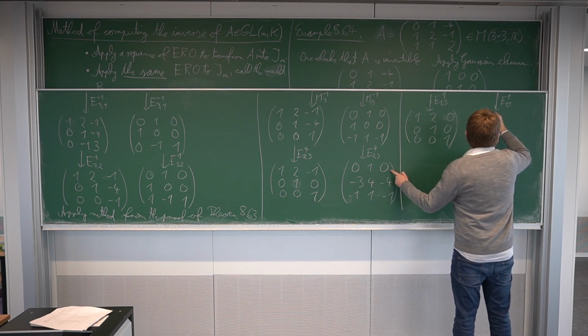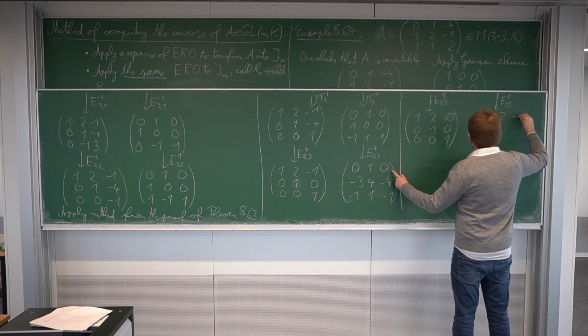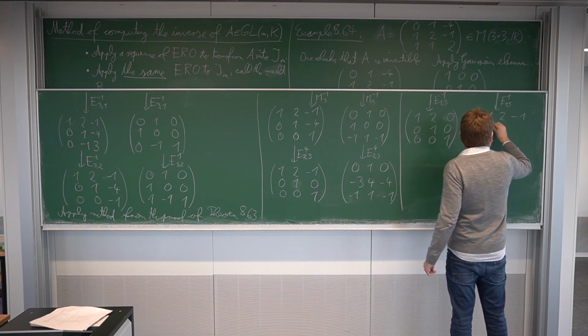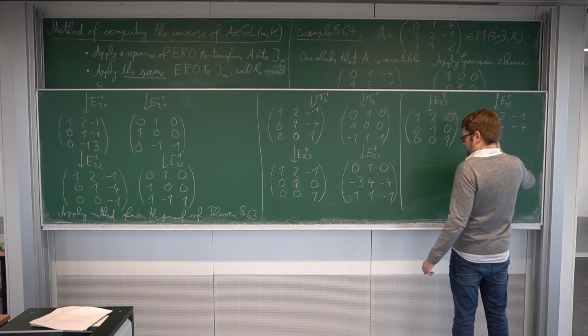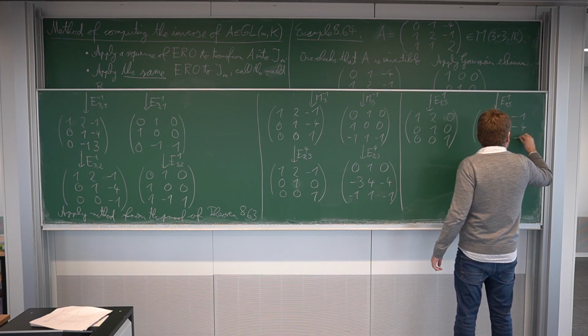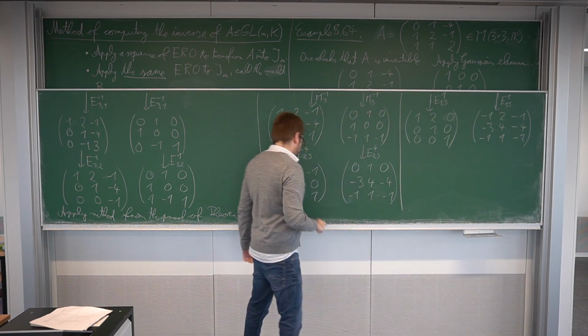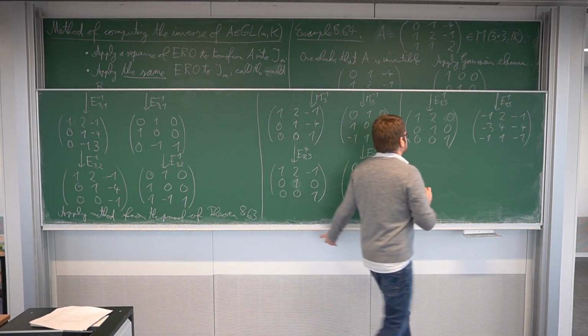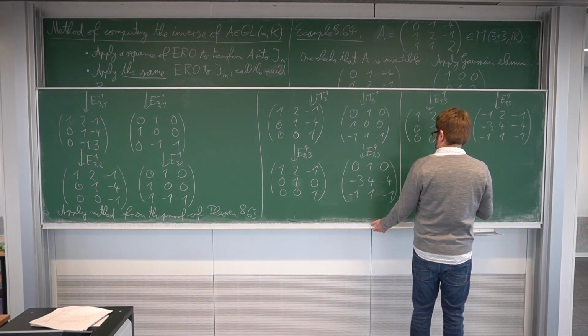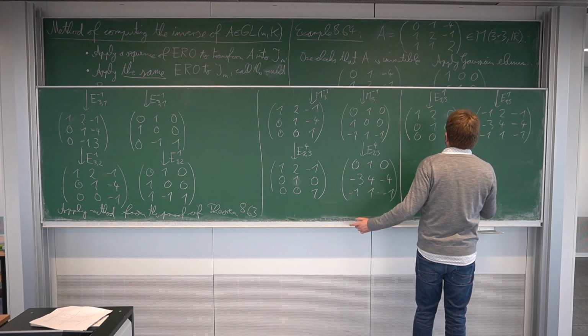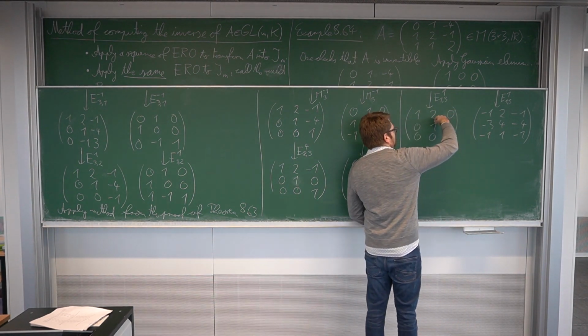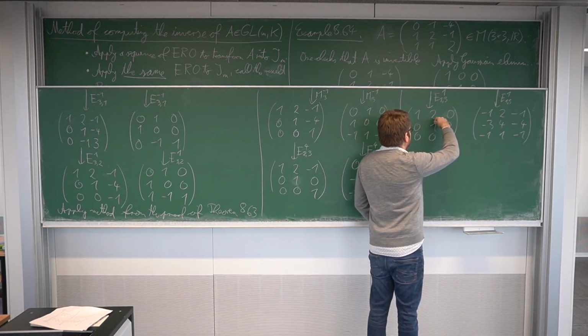So we get -1 to -1, -3, 4, -4, and -1, 1, -1. Okay, now next we need to kill this one here in the column. You see this is becoming a bit tedious. This is the pivot which still remains to be killed.